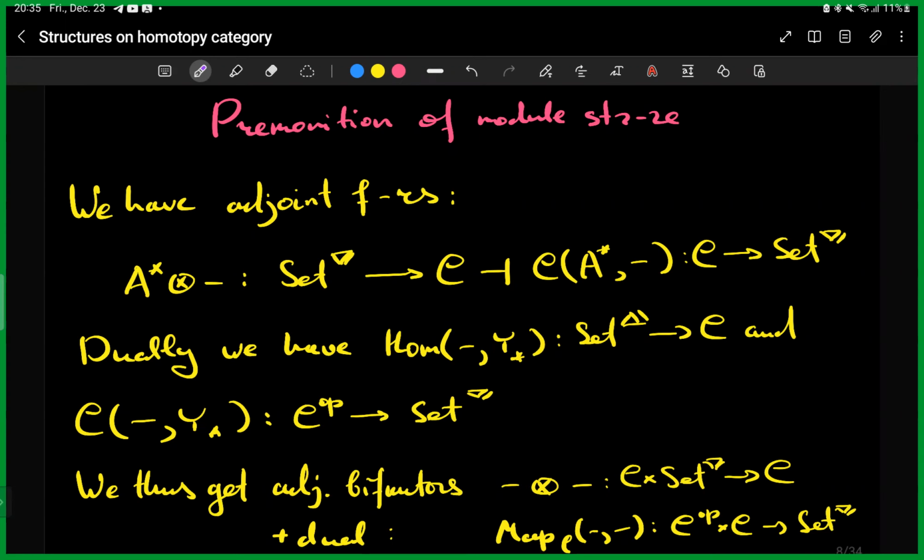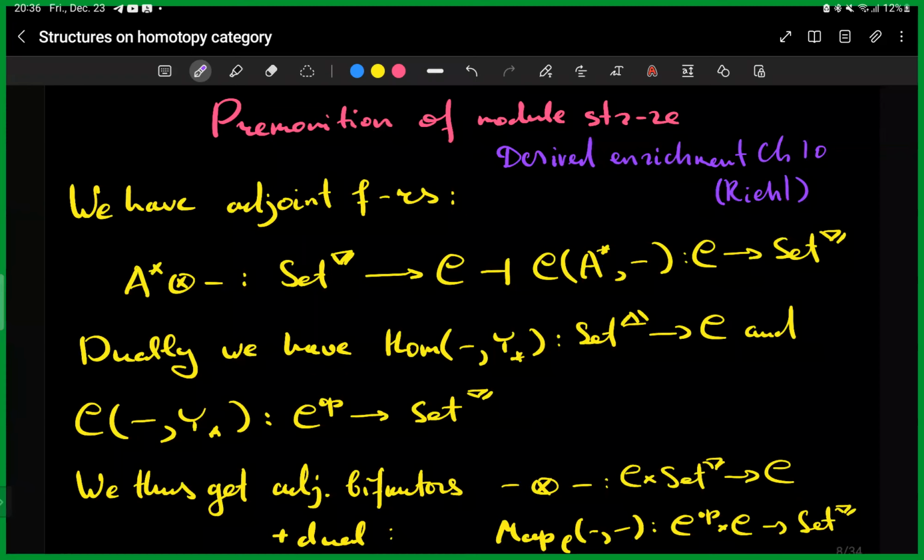I think it is beautifully explored in, let me recall, derived enrichment, chapter 10 of Riehl's Categorical Homotopy Theory. And it's actually very close to what Misha was doing earlier.